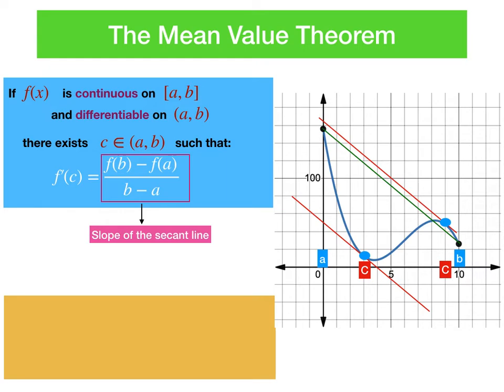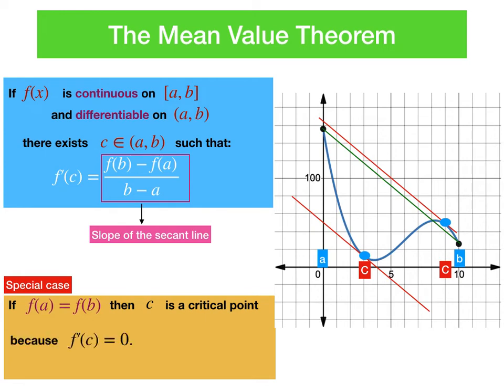And one of the special cases of the mean value theorem is when f of a equals f of b. So if you look at the formula, if f of a equals f of b, then c is a critical point. This is because f prime of c will be equal to 0. What does that mean?